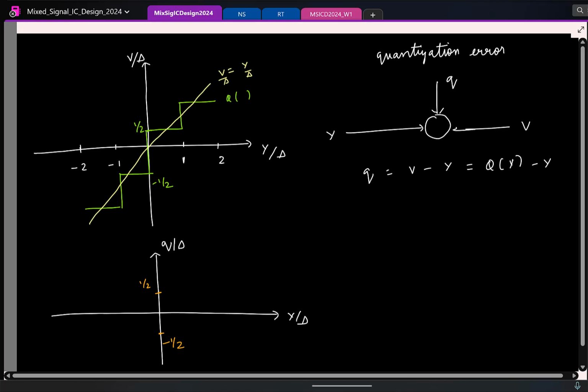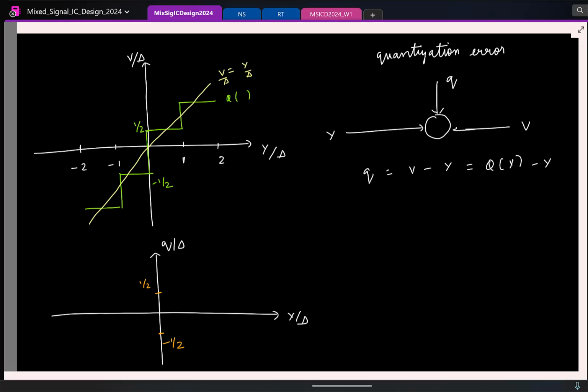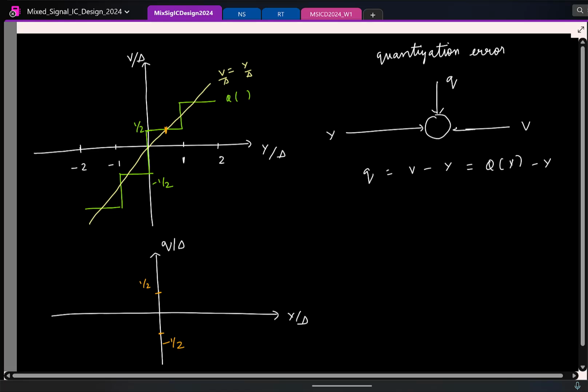If I take the difference, what happens? It falls. At this point, both the curves are intersecting, so it has to drop to 0. And once again, at this point, it will show a jump. So the same thing will keep repeating. Okay, I'll just quickly draw it. Something like this.